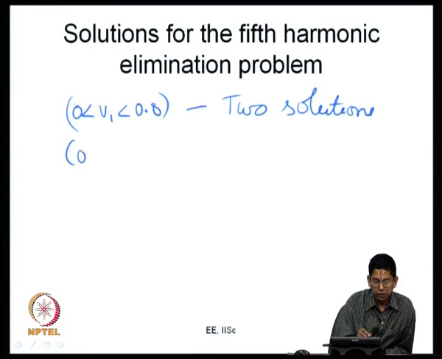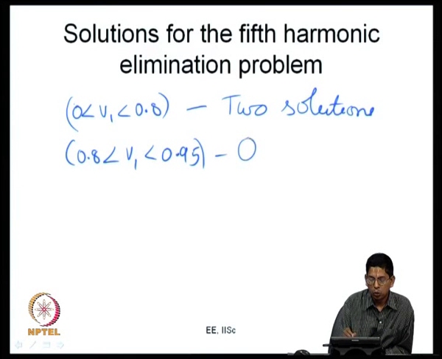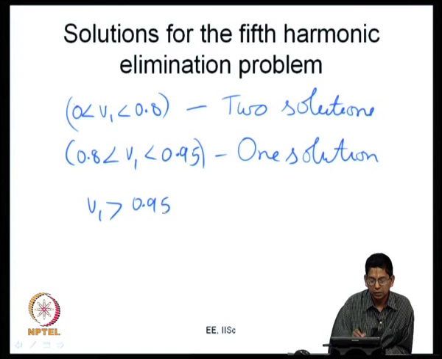If you look at the range 0.8 to something like 0.95 or 0.96, only one solution is possible. And if you are talking of V1 greater than 0.95, there is no solution.